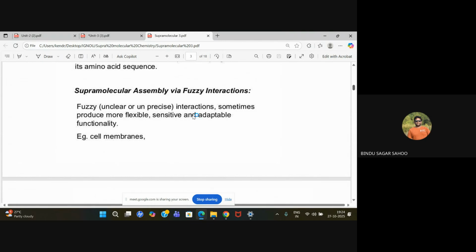They will make different conditions according to their concentration. You know about exosmosis or endosmosis. If you make a concentration change outside the surface, then the flow of molecular movement will be different. Sometimes it depends particularly upon the adaptable functionality, that means the particular environment.